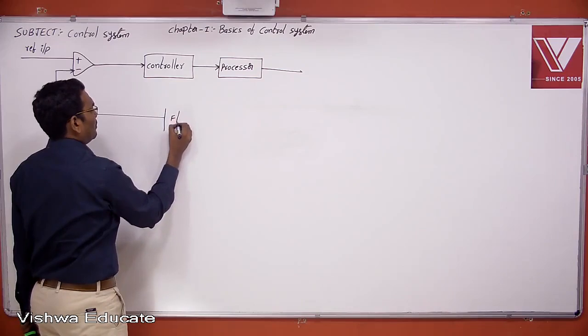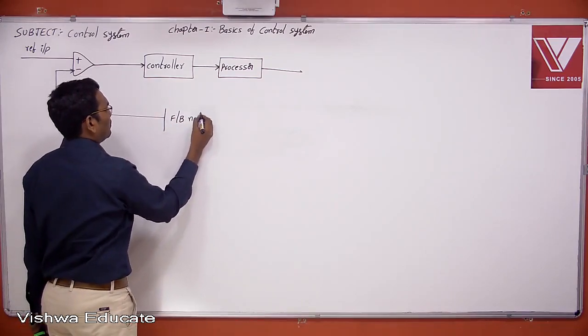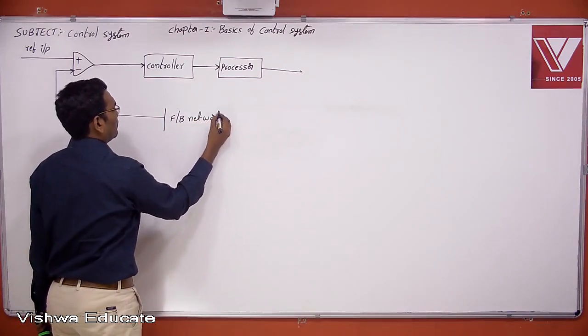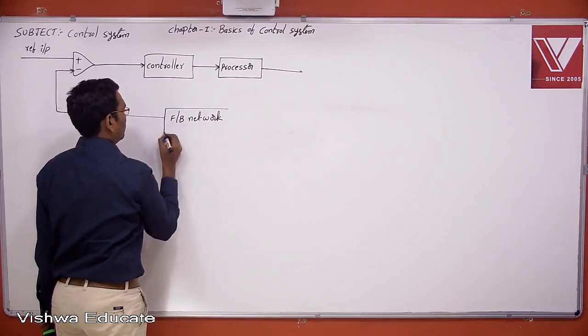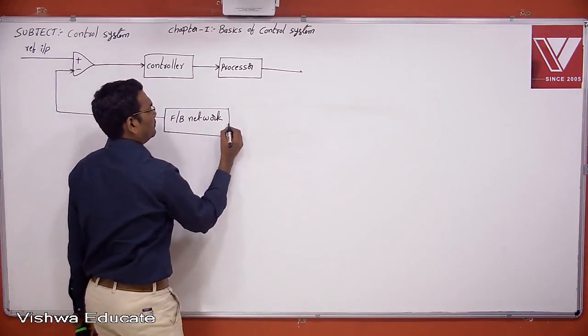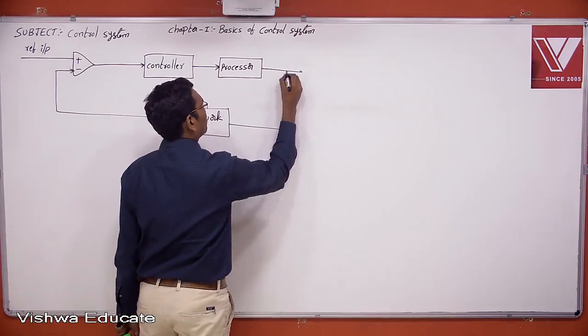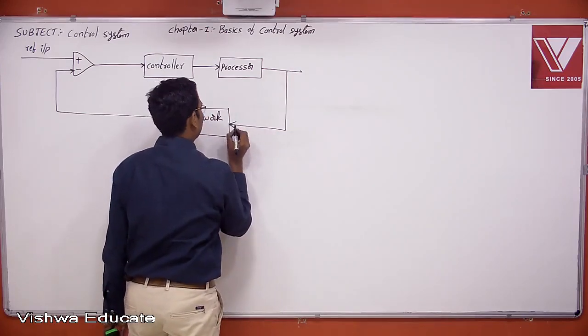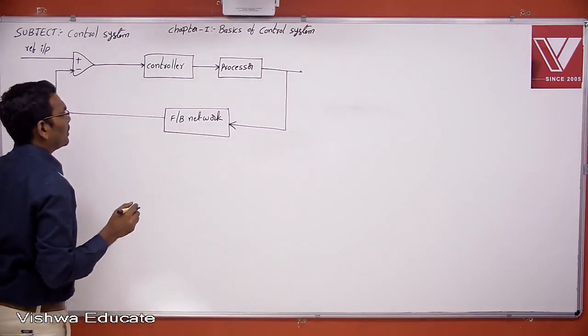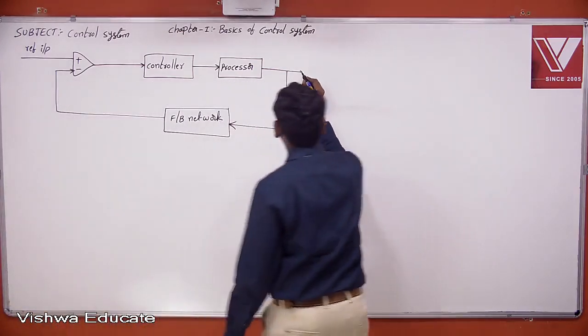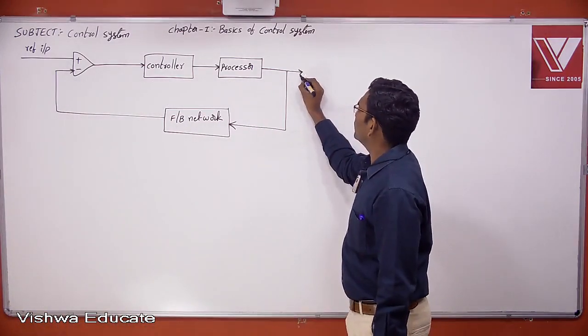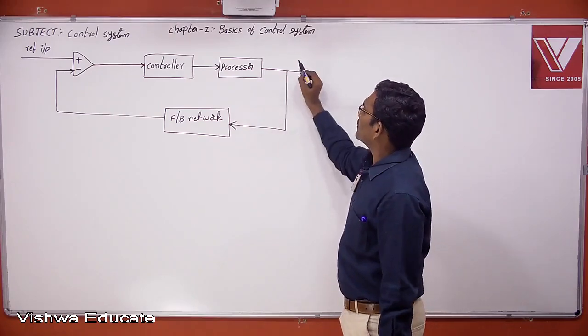Now this is the feedback network. Now this is the controlled output.